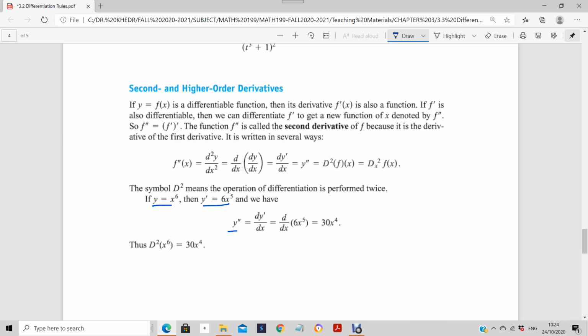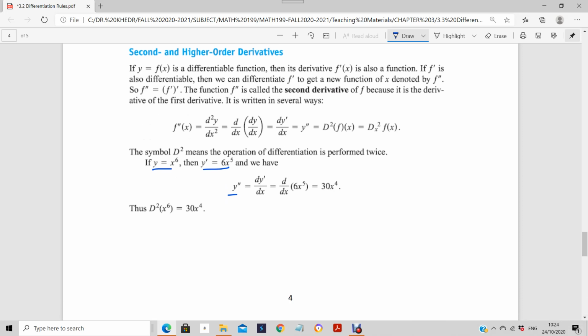So the second derivative of the function is 30 times x to the power of 4. This is the way we find the second derivative. If you differentiate this second derivative one more time, you will get the third derivative, and one more time the fourth derivative, and so on.